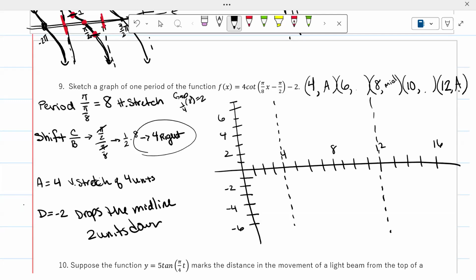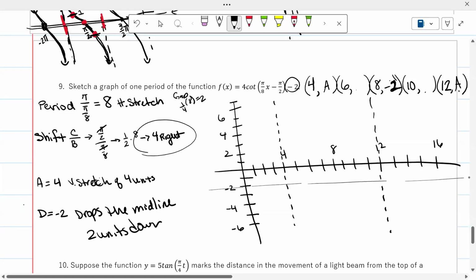Now my midline dropped 2 units. So in the middle, I am down 2 units for my midline. There's my midline. So 8, -2 is the midline point.